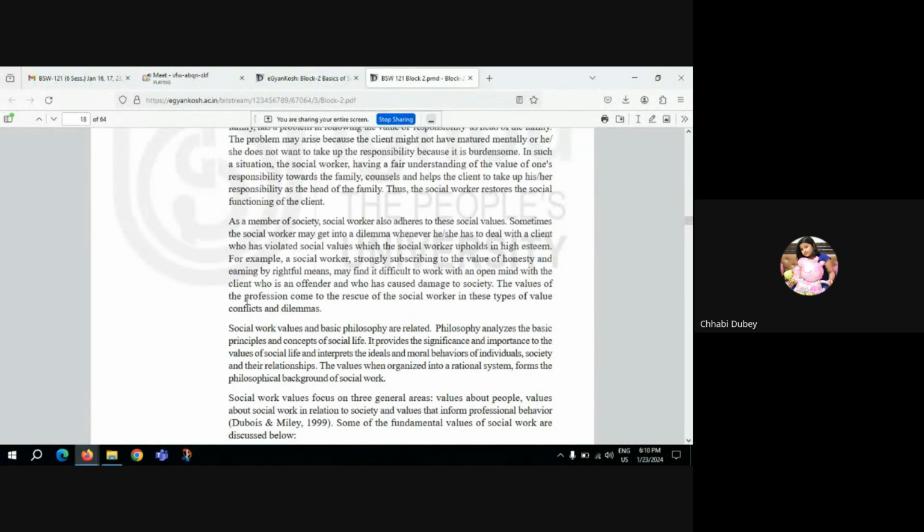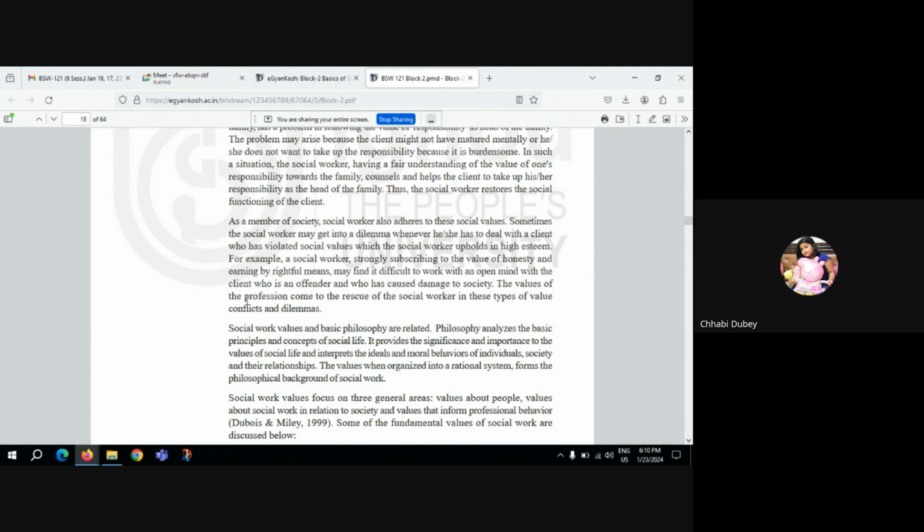Now, a social worker, being a member of the society, also has to adhere to these social values. Sometimes they may be in a dilemma whenever they have to deal with a client who has violated social values which the social worker upholds in high esteem.